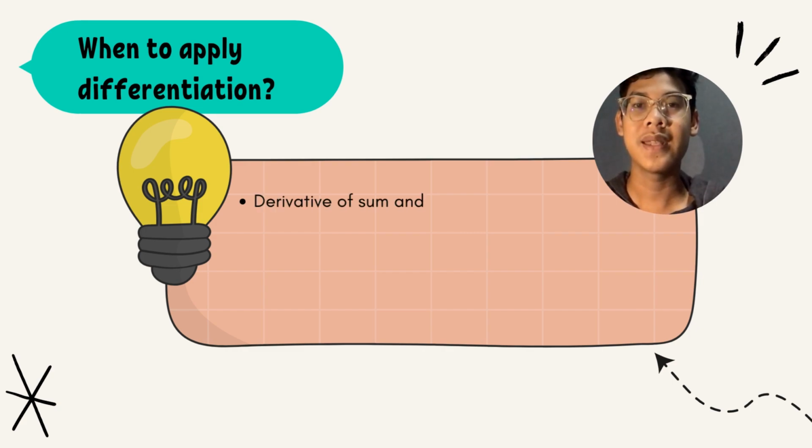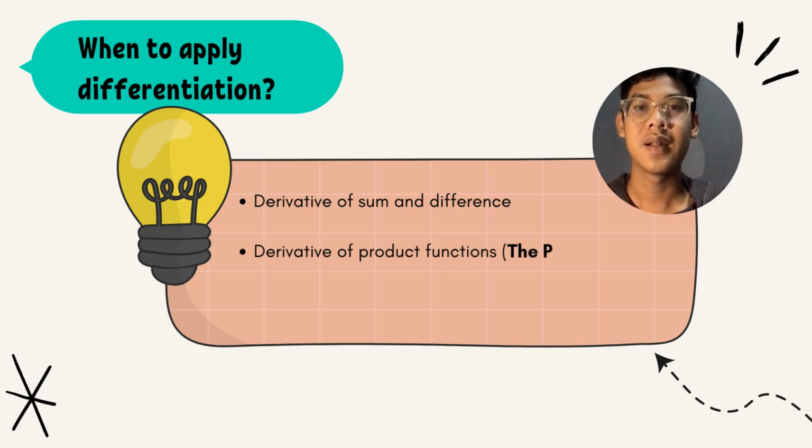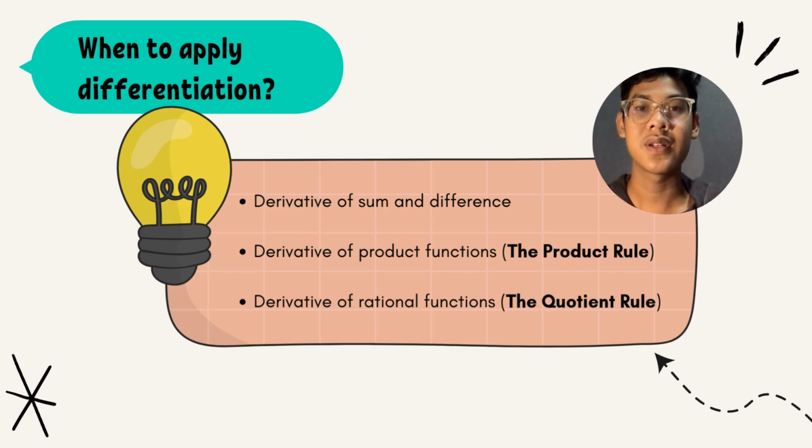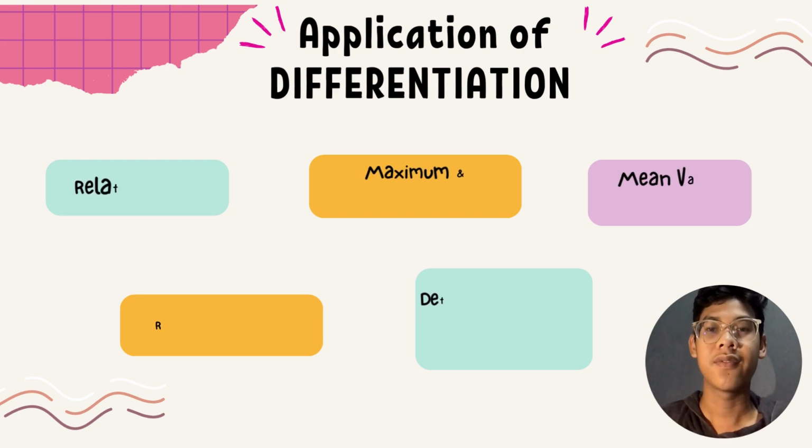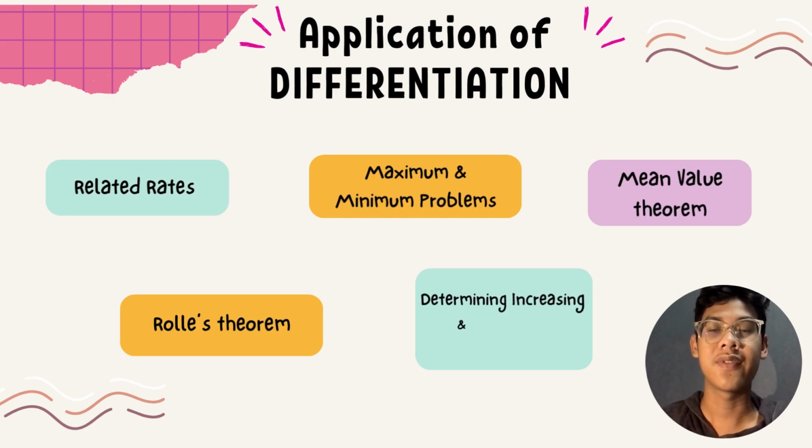When to apply differentiation? First, derivative of sum and difference. Second, derivative of product function, product rule. And third, derivative of rational function, quotient rule. There are 5 applications of differentiation. First, related rate. Second, Rolle's theorem.